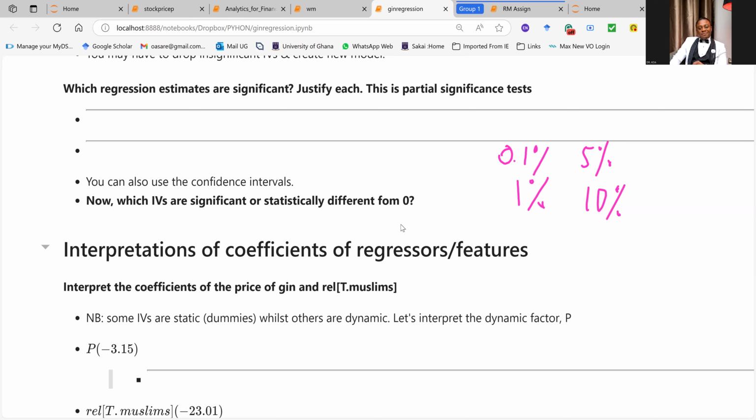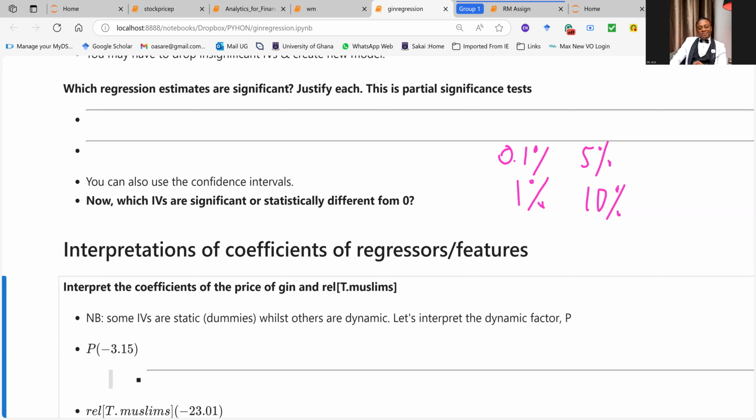Quantity demanded is predicted to be, that's how you say it, predicted to be or expected to be. Of course, you can choose one. It's predicted to be 23.01 units.